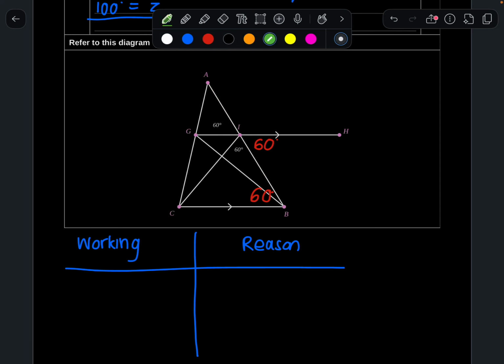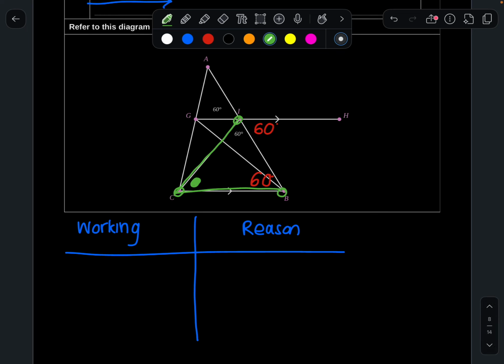Okay, and ICB is this one, ICB. So we are looking for this angle in here. Okay, and then that one's pretty straightforward.